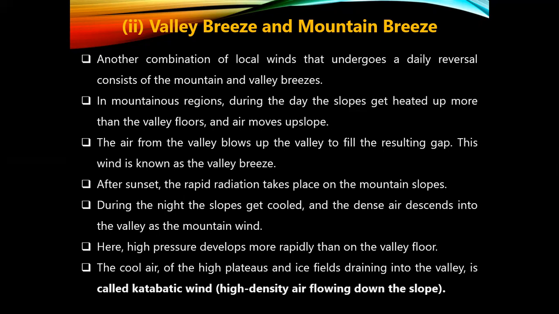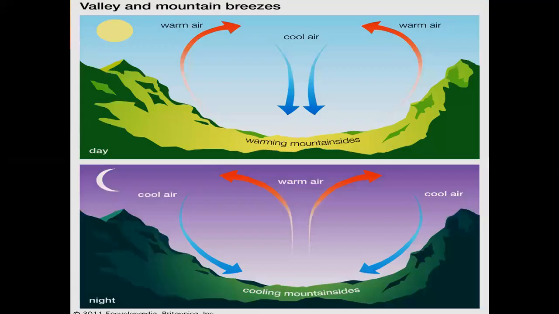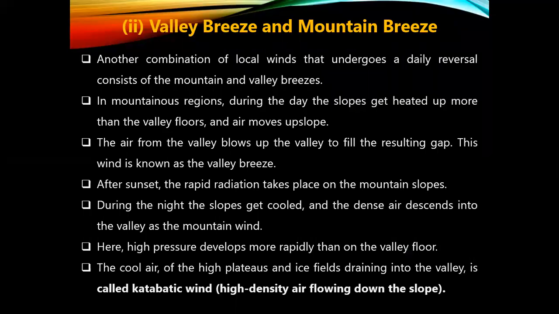In mountainous regions, during the day, the slopes get heated up more than the valley floors and air moves up the slopes. The air from the valley blows up the slope to fill the resulting gap. This wind is known as the valley breeze.